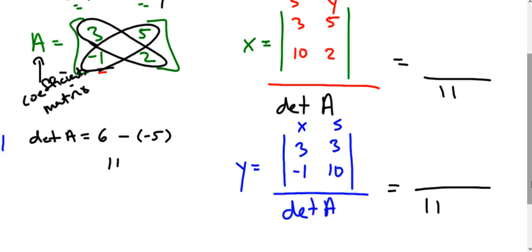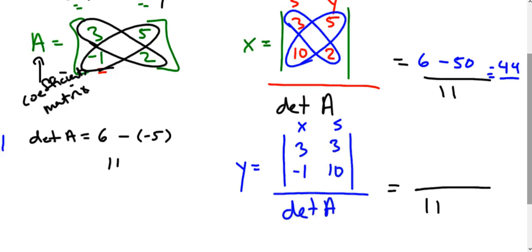For this one, we're going to find the determinant of this. So what we have is 3 times 2 is 6, minus that right there, which is going to be 50. And what we have for our answer is negative 44 over 11, which will then simplify to, hopefully you know, 4. So x, the solution, is going to equal 4, and that's what we find for our solution for x.